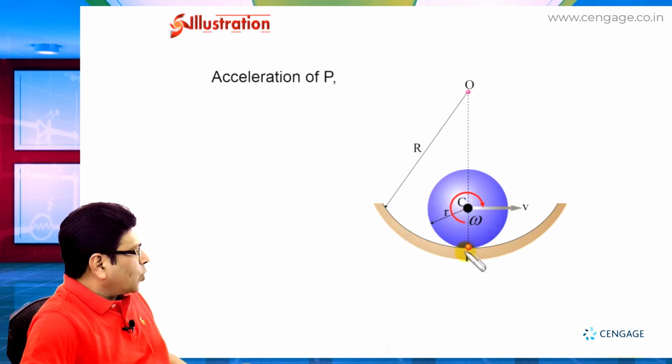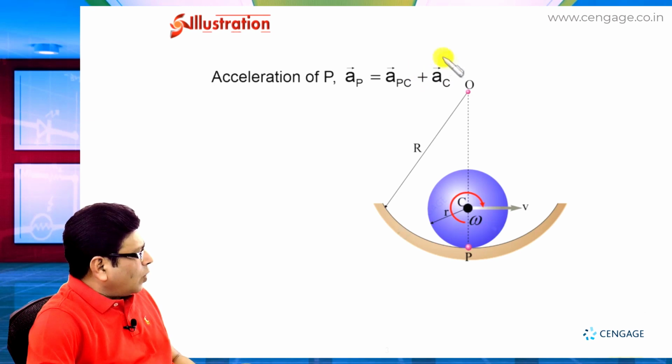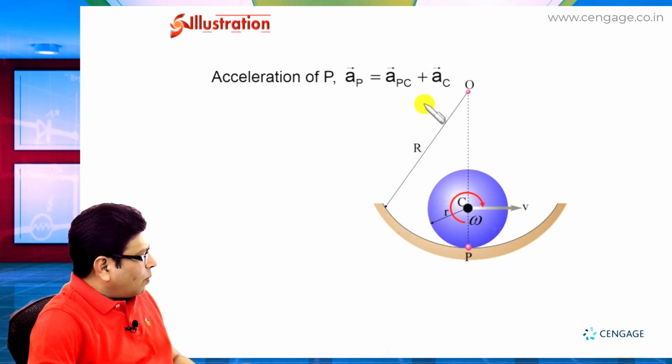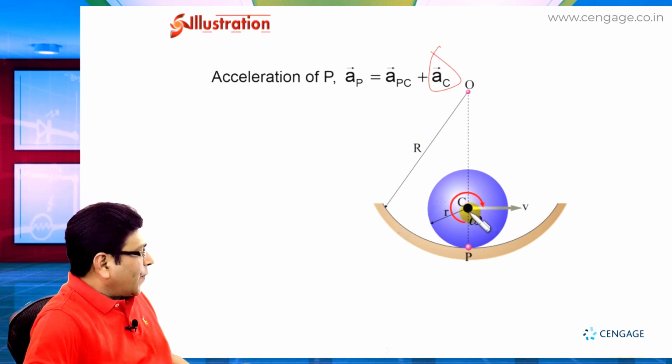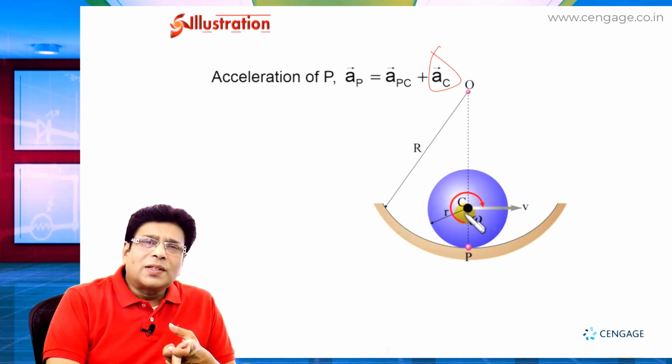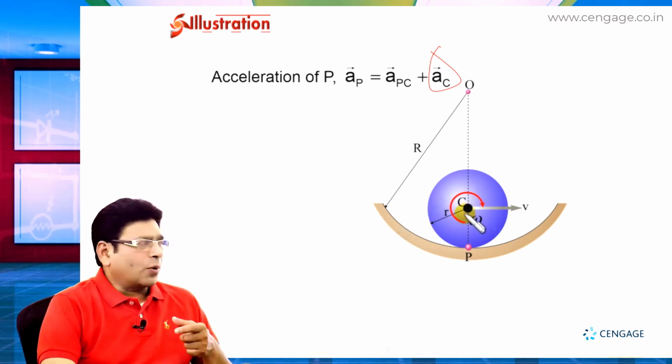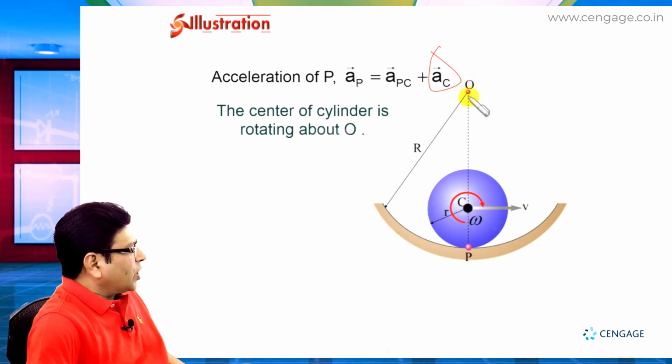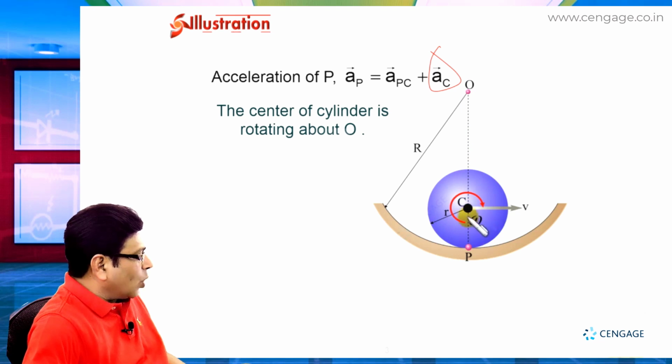Acceleration of the point P should be equal to acceleration of point P with respect to C plus acceleration of C. First of all, we will consider acceleration of point C, which is the center of the cylinder. We know the center of the cylinder is rotating about O. The radius of rotation of this center is equal to capital R minus small r.